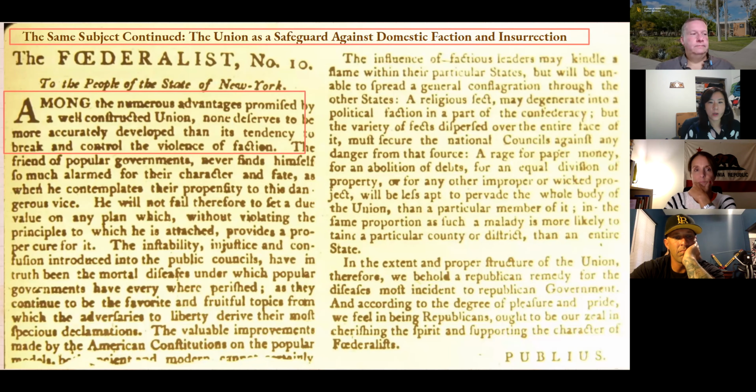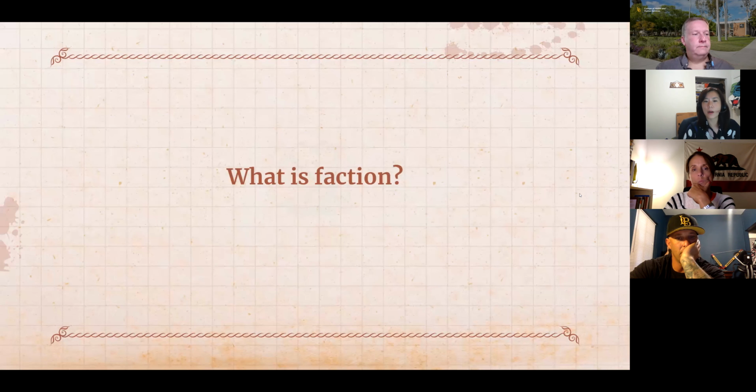And as in the title, the union is a safeguard against domestic faction and insurrection. So really, Federalist Number 10 is about faction, like Kathy mentioned, and then the potential solution to faction and how the Constitution is able to establish a government capable of controlling the violence and damage caused by factions.